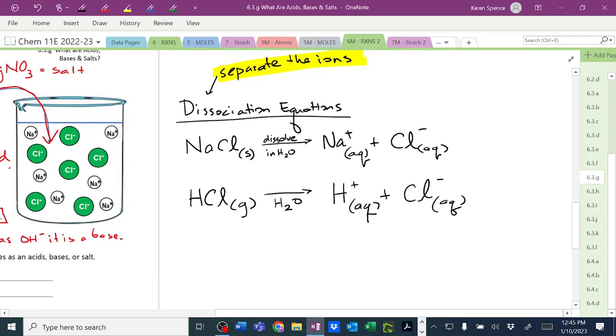And just to show you what happens when we have a ratio that's not 1-to-1, these are both 1-to-1 compounds, but we could have something like Ca(OH)2 when it dissolves in water. What would we get?